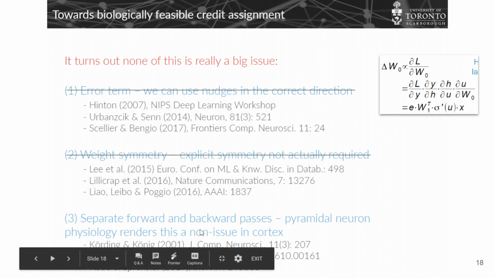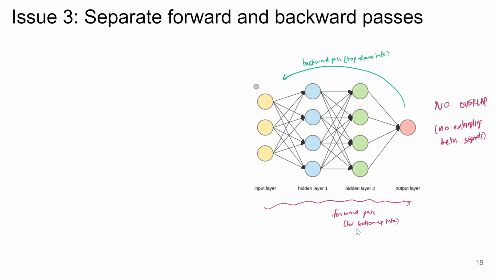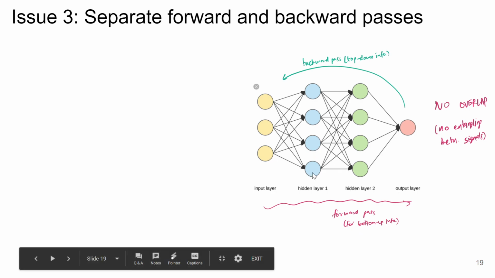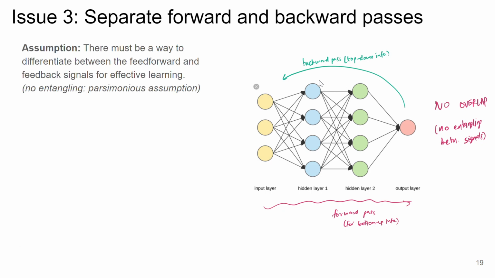Issue number three, separate forward and backward passes. In a typical neural network, we do a forward pass, calculate the error, and use that error to do a backward pass. We do this separately. So in the brain, if we assume a typical neuron, and let's say the credit information is going through the feedback connections, the problem here is that there must be a way for the neuron to differentiate between credit related info and the feed forward info, because in general you update your synaptic weights based on your credit information and not the feed forward information.